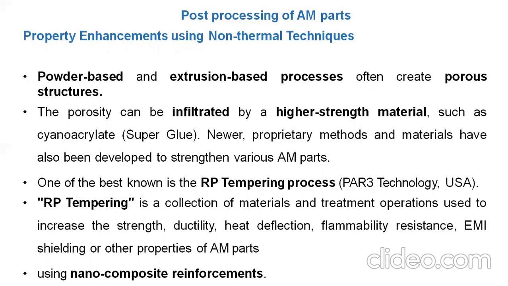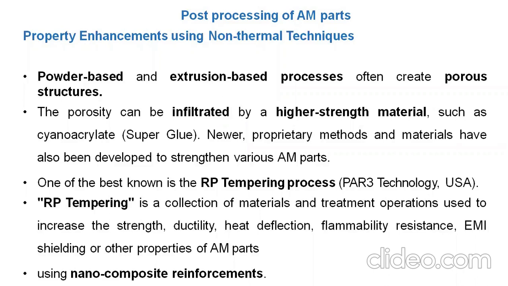When we are using these two methods, porous components can be manufactured, depending on the process. So we have to avoid this porosity of the structure. The porosity can be infiltrated by high strength materials such as super glue.